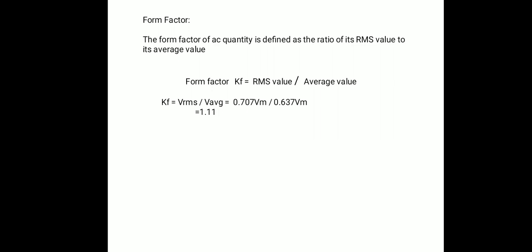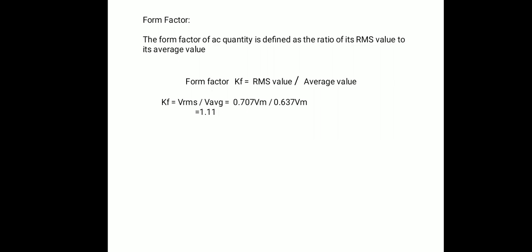So RMS value is the DC value equivalent to the AC value, producing the same heat or work done. If we divide the RMS value by the average value, it gives us the form factor.